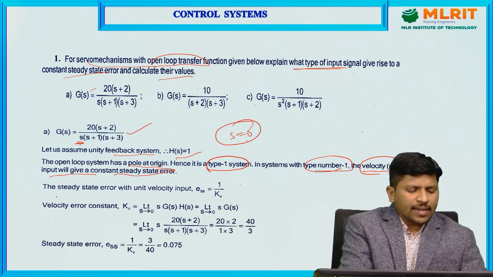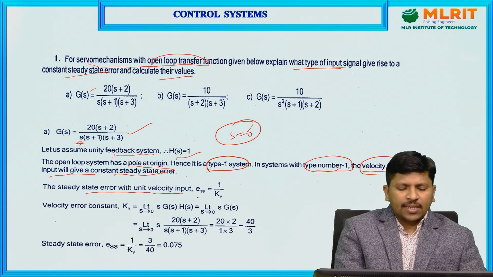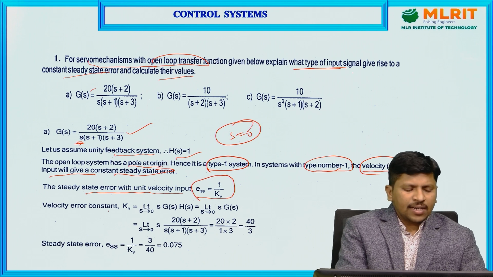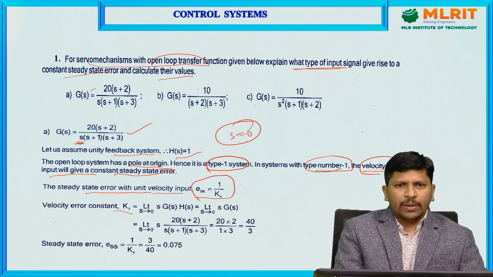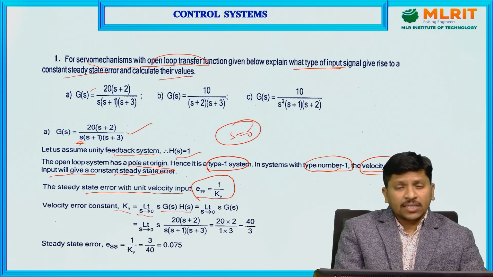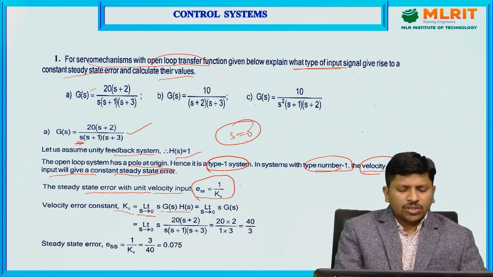Here the steady state error with unity velocity input is ESS equals 1 by Kv. The velocity error constant Kv equals limit s tends to 0 of s into G(s) into H(s). We know this formula for the velocity error constant; you can refer to the previous class also.